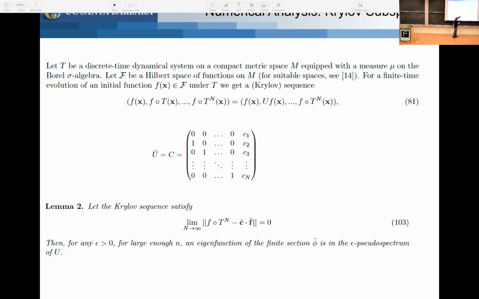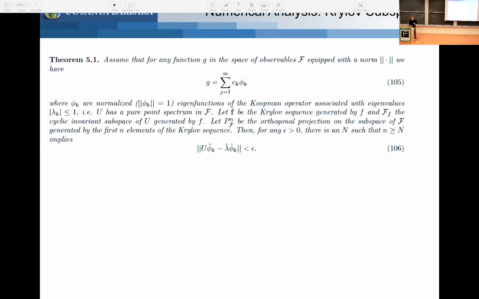So the nth iterate of f under the Koopman operator minus the span of the previous things that you have, that goes to 0 when n goes to infinity, and that does for a large class of systems, but not for mixing systems. So mixing systems and chaotic systems are an exception. Then you will get to the pseudospectrum of the Koopman operator, which is a nice result. So you have a precise result that tells you that you're going to be computing something real.